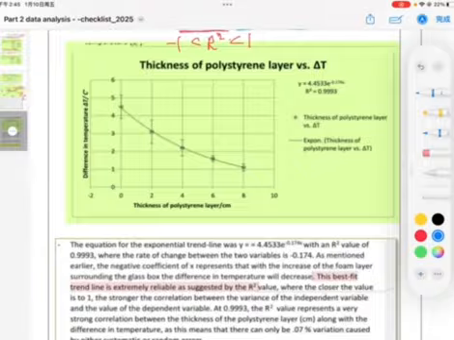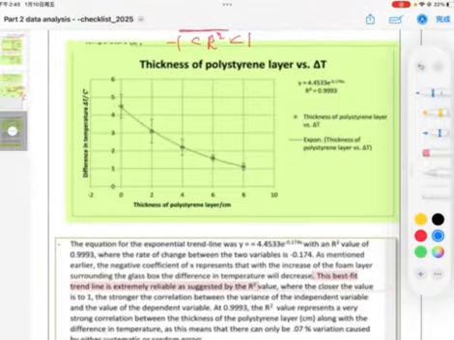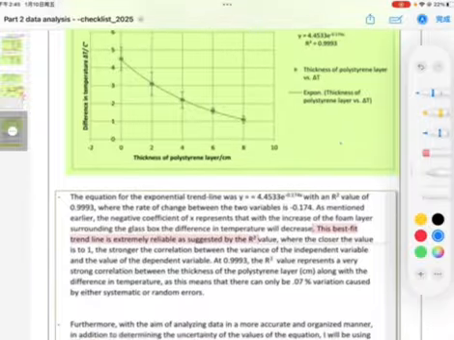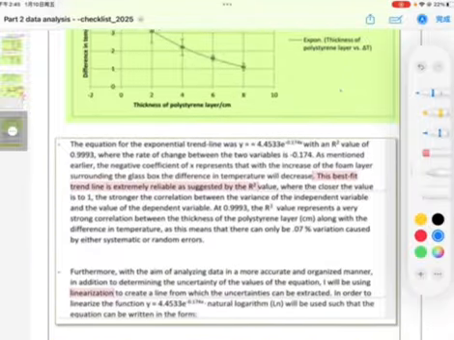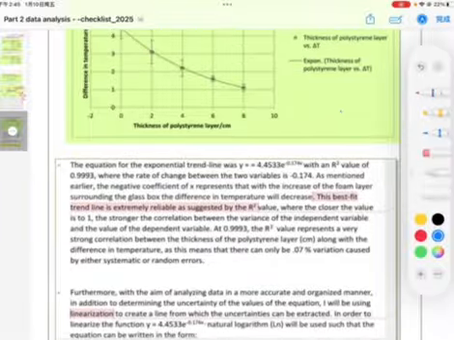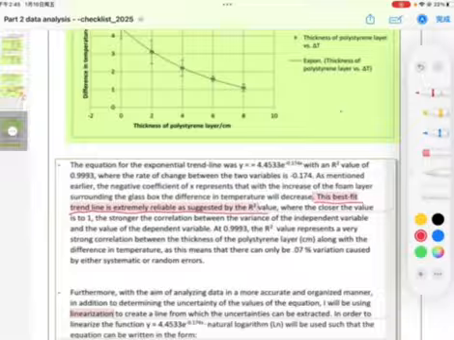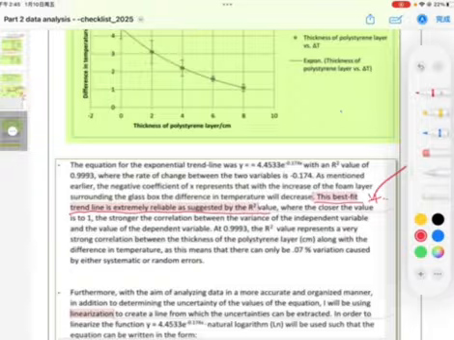The example over here is the IA. And then I'm going to show you the example where the student gets the mark. See, this is his graph, his table and graph. And then over here, it's the analysis of his data. And you see the highlighted one is where he gets the mark, okay? So here he talks about the relationship, right?